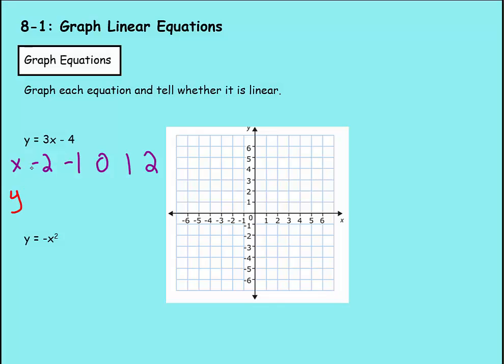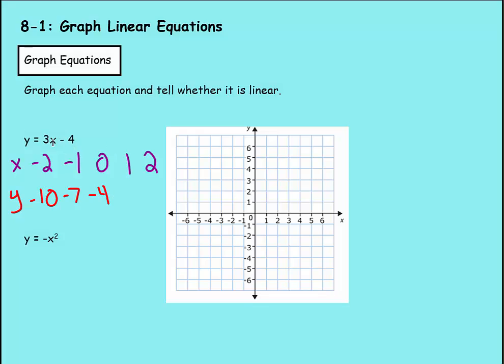Well, if we plug in -2 for x, that would be 3 times -2, which is -6, minus 4, which is -10. When I plug in -1 for x, that's 3 times -1, which is -3, minus 4, which is -7. When 0 is plugged in for x, that becomes 0 minus 4, which is -4.